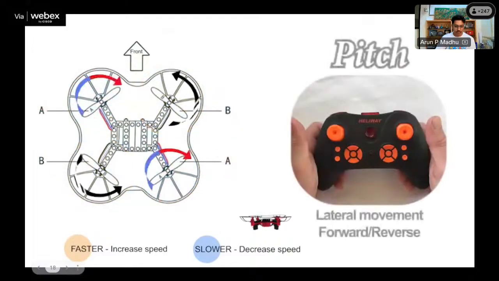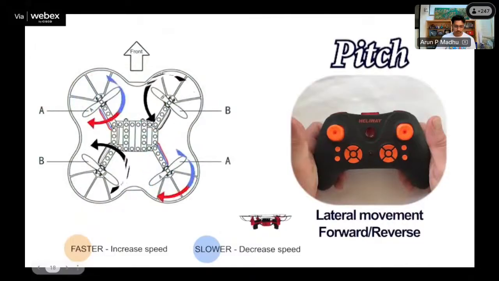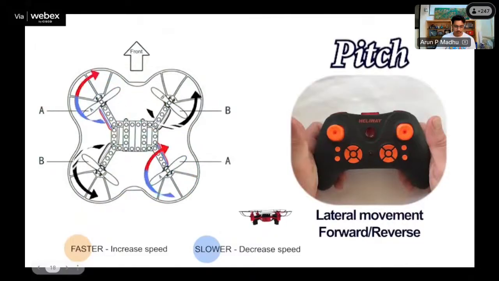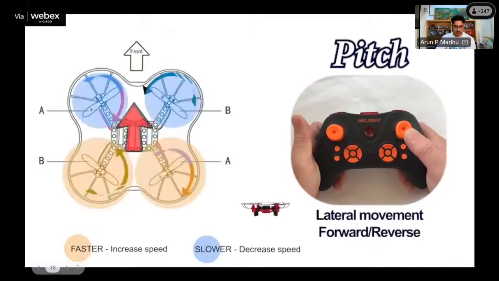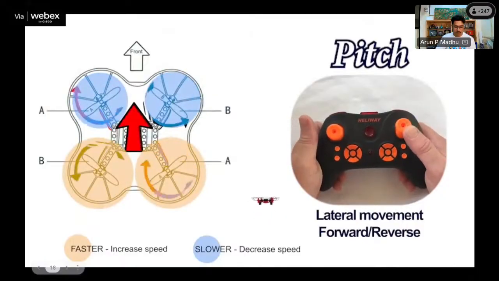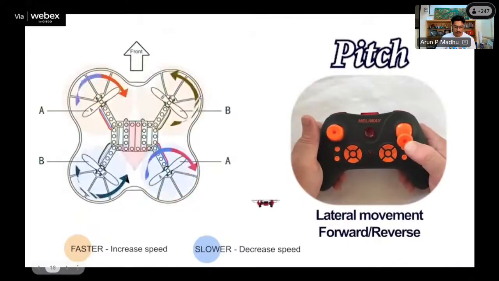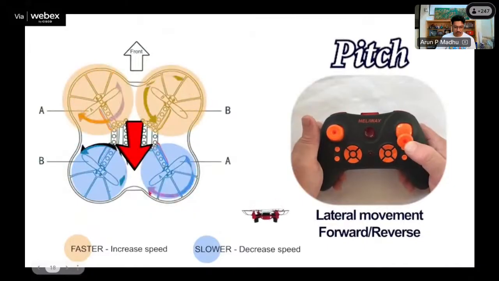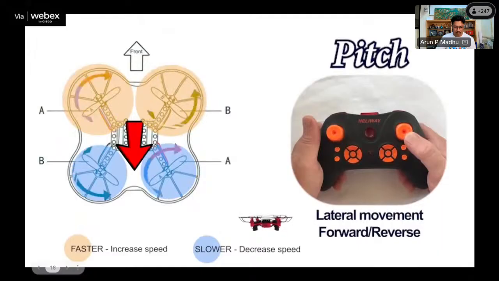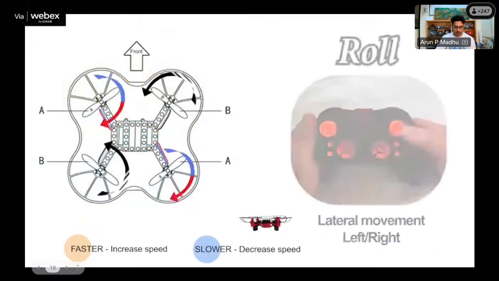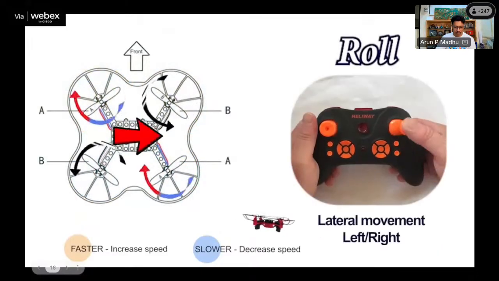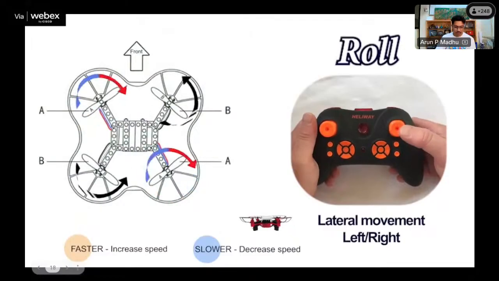Let's look at the right stick on the controller now. That controls a couple of things as well. First of all, pitch. Push that forward. The rear two propellers speed up. The drone tilts forward and moves forward. Pull back and the opposite happens. The front ones speed up and the drone moves backwards. Pushing the stick to the left or the right will cause the craft to what we call roll.